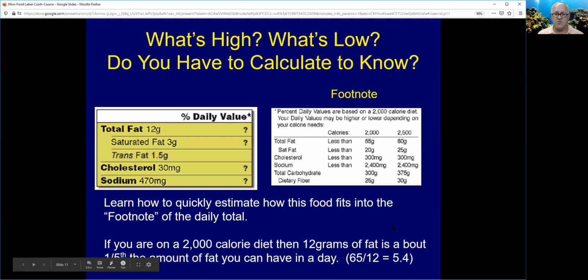So that's in the right particular range. But if you had 50 grams of fat, that's going to be a larger percentage of your total amount of fat available in the day. So watch those carefully, and you can start to determine what's going to work well for you and what won't.